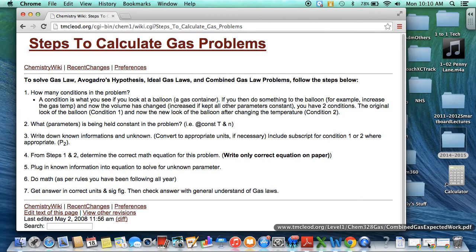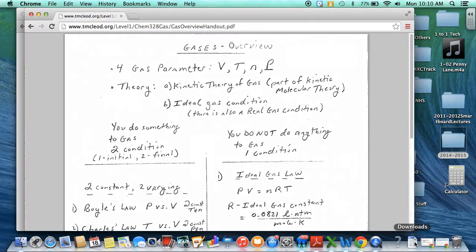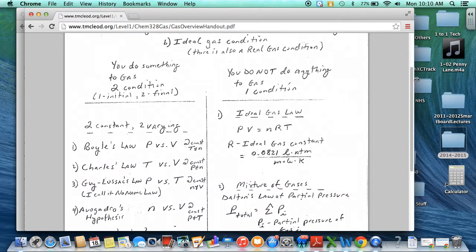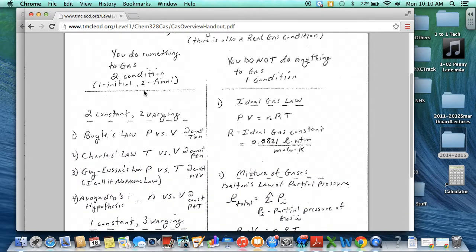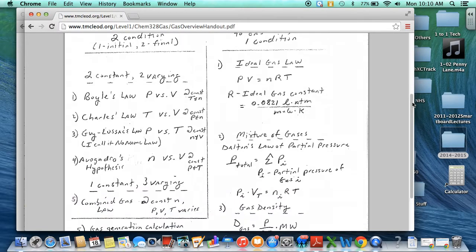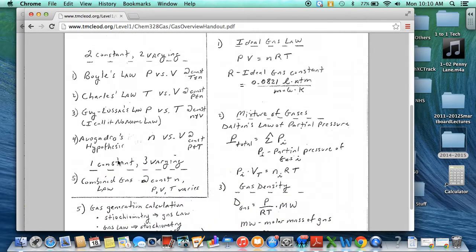If you look at your overview, in the section on two conditions, there's another type of gas law where you only hold one thing constant. It's called the combined gas law, and that's what we're going to look at today.